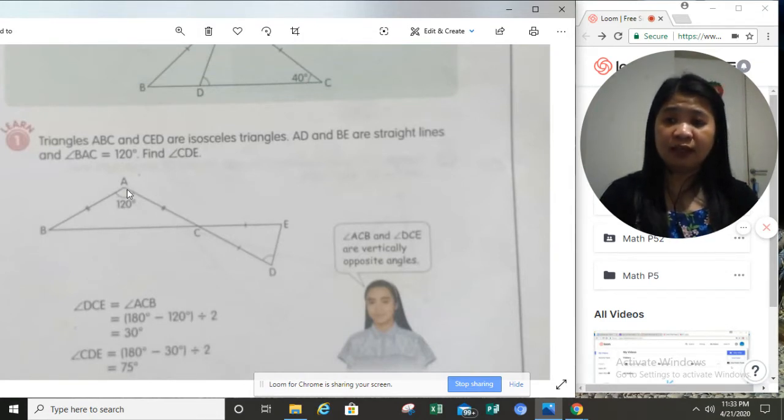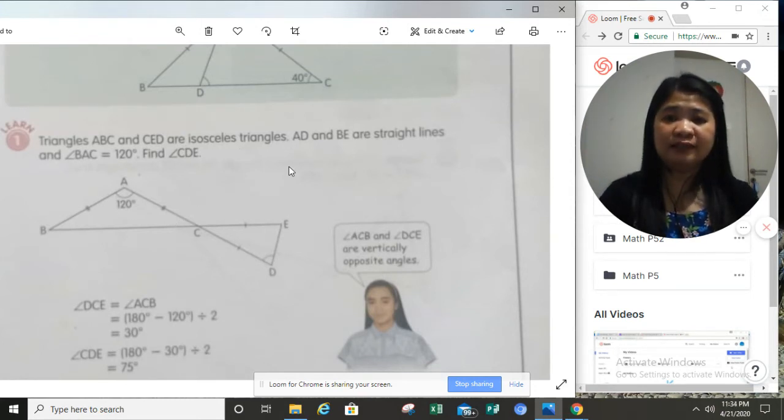We have triangle ABC and also triangle CED, the bigger triangle and the smaller triangle. Based on our concept, an isosceles triangle has two equal sides, so when two sides are equal, the opposite angles are equal too. That means this angle here and the angle here will be the same.